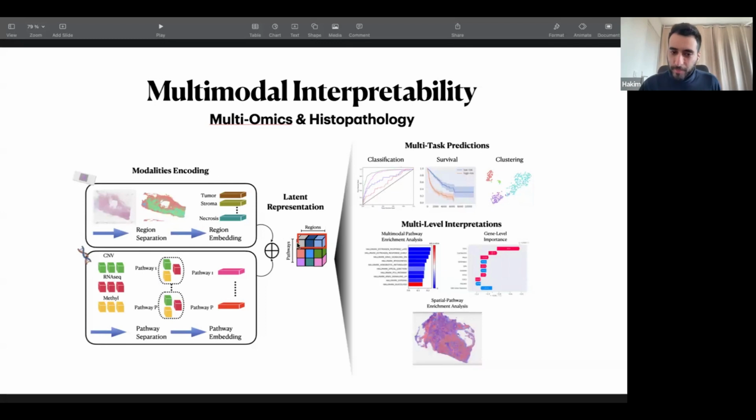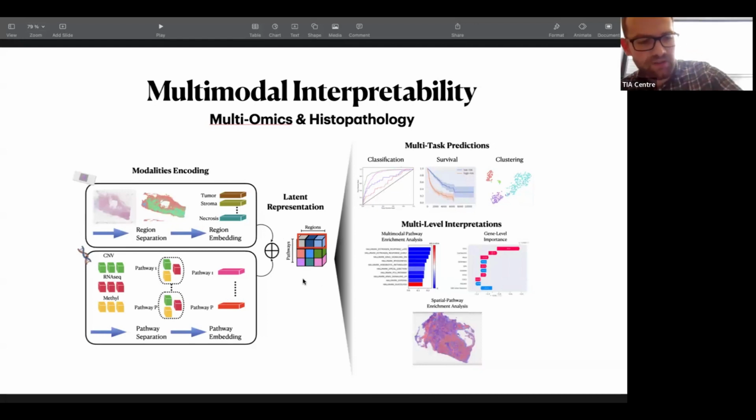For example, if we go through all the representation in this line, it represents the information of one pathway. In this column, one region. And each block is a combination of region and pathway.